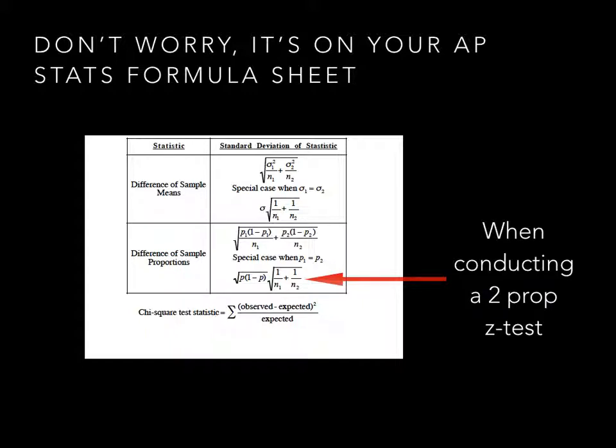An easy way to remember which one to use: there are two of them in there, but it says a special case when p1 equals p2, so we use the one we were just talking about. When do we assume that? When you're doing the null hypothesis, we're assuming that p1 equals p2. So that's why we can use that special standard deviation.